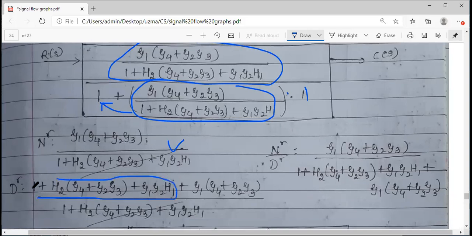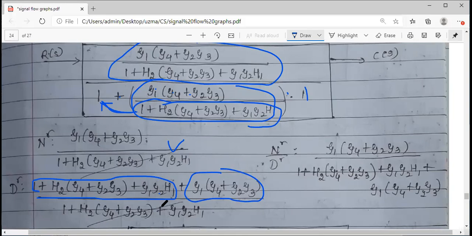I will get this. When you multiply this denominator term with 1, you will get it as it is, plus G1 into bracket G4 plus G2 G3, taking the LCM.